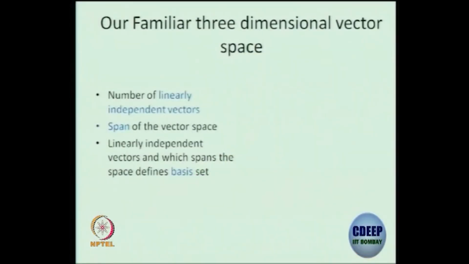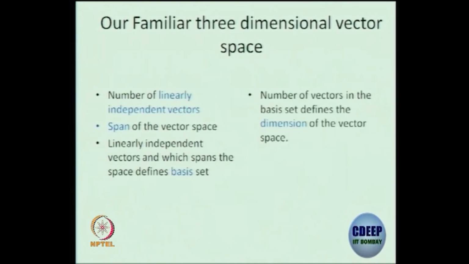So, you need to take count of both spanning the space as well as the number of linearly independent vectors, and this collection of linearly independent vectors which spans the space defines the basis set. The number of vectors in the basis set defines the dimension of the vector space.